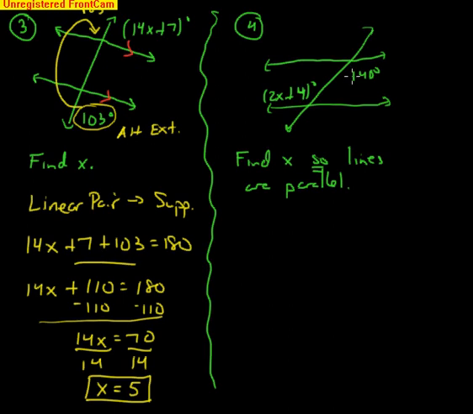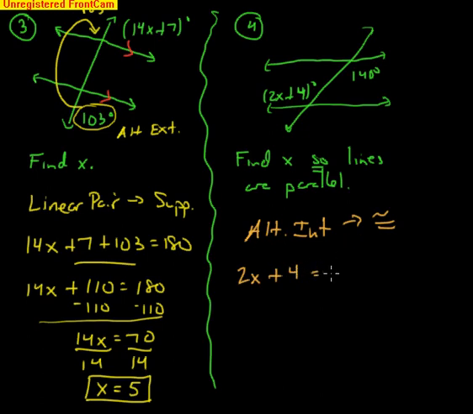These 2 angles are alternate interior angles. And for lines to be parallel, alternate interior angles must be congruent. So we must find the x value that makes them congruent. To do that, set them equal to each other.